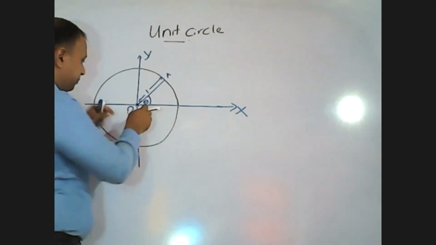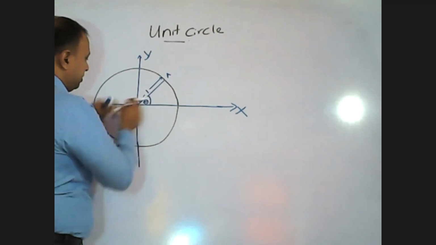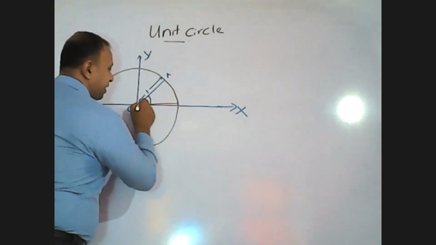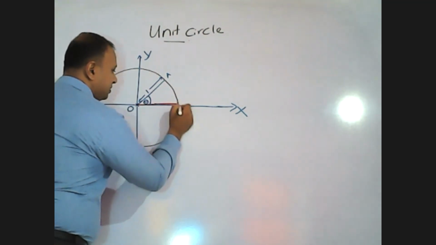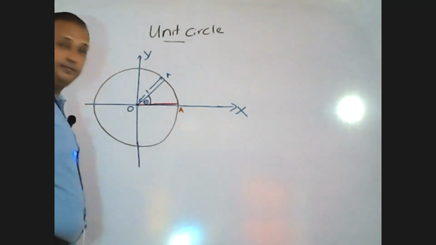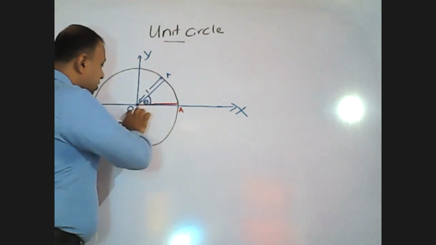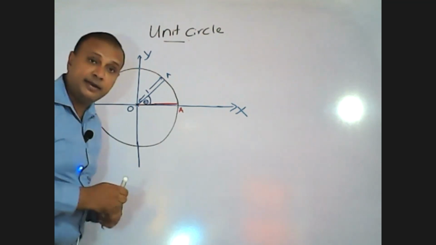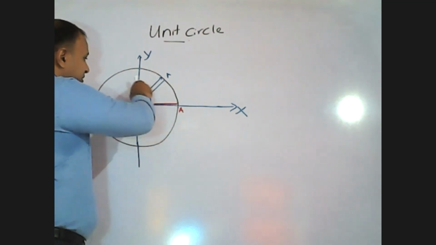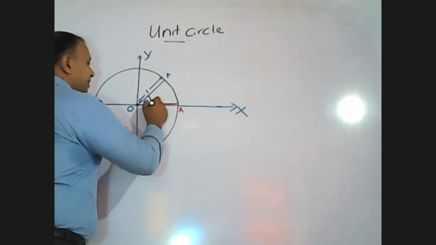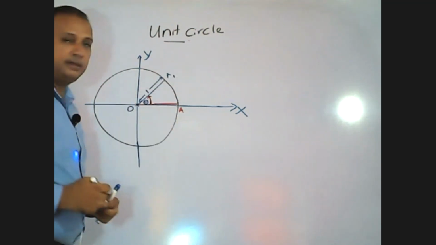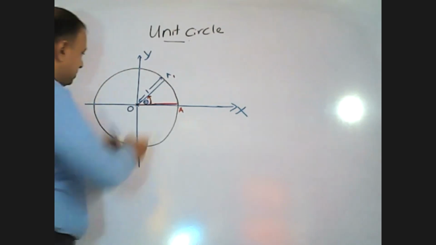Suppose initially the OA line segment was at this position, and if it is rotated by theta angle, the new position is this A1.